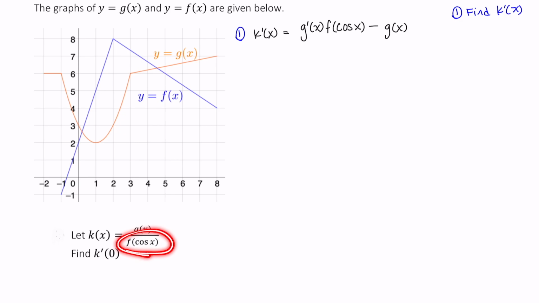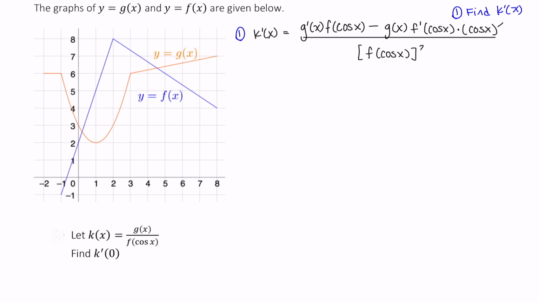And for the denominator's derivative, we're going to have to use the chain rule since it is a composition of functions. The chain rule tells us to evaluate the derivative of the outer function, leave the inner function the same, then multiply by the derivative of the inner function, which I haven't evaluated yet, but I just wrote it down right there as cosine of x prime. Now, of course, back to the quotient rule, we want to divide this whole thing by the square of our denominator.